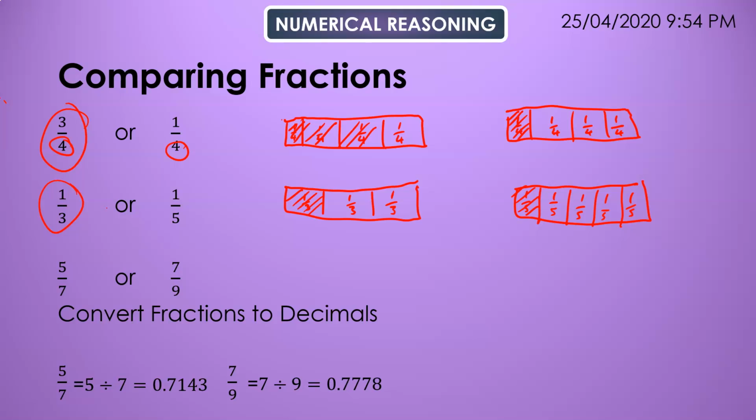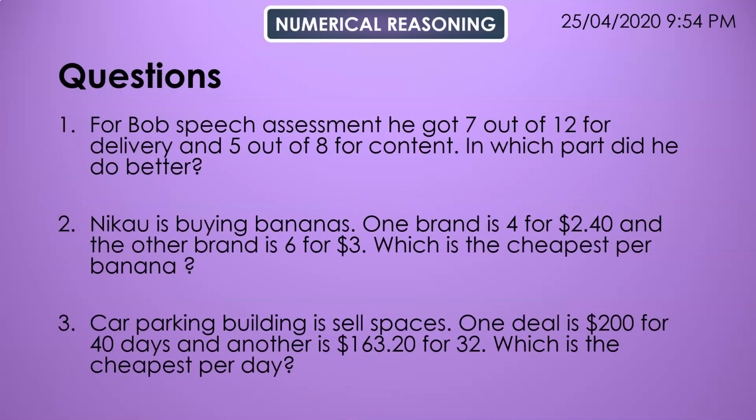So then that makes the answer really obvious, that that's higher than 0.7143, meaning that 7/9 is higher than 5/7. And that's it. Change the fractions into decimals, go with the biggest one.